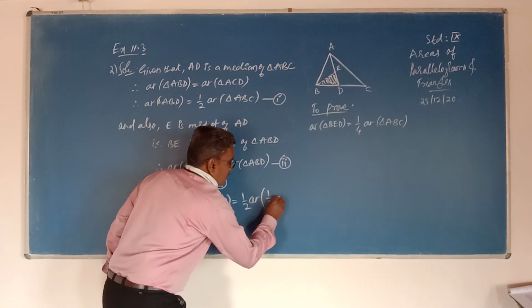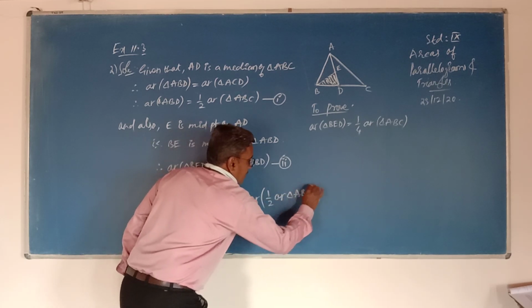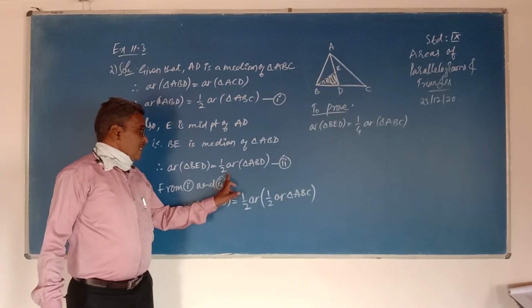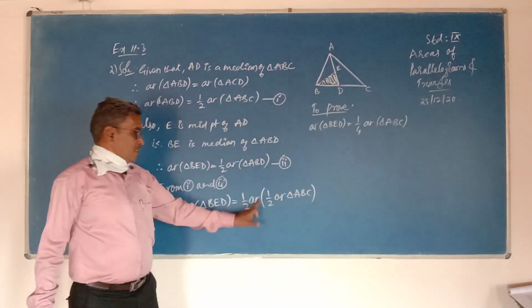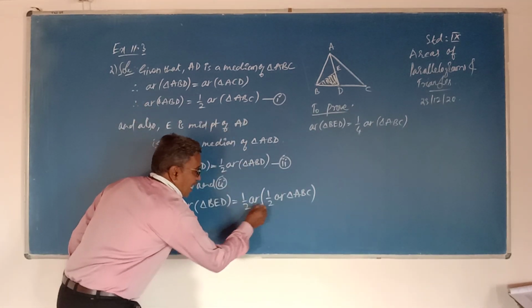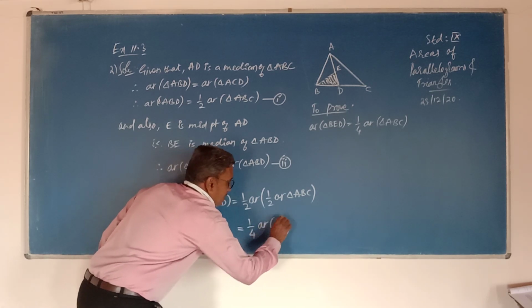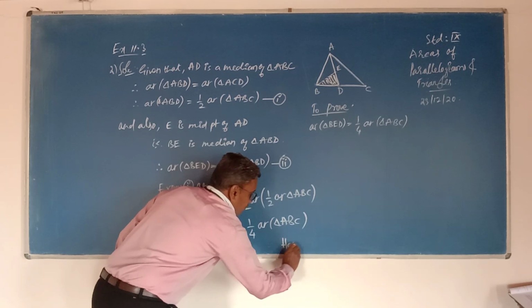Instead of ABD, I am going to substitute half of ABC. So half into half is 1/4 of area of triangle ABC. Understanding? Hence, proof.